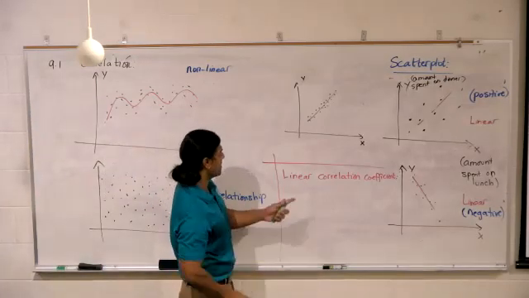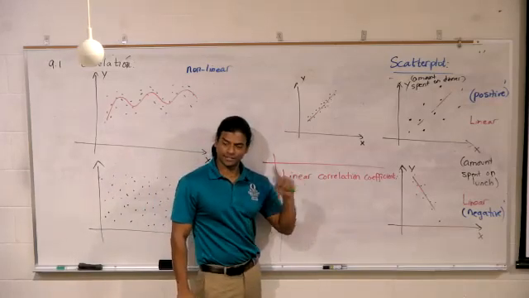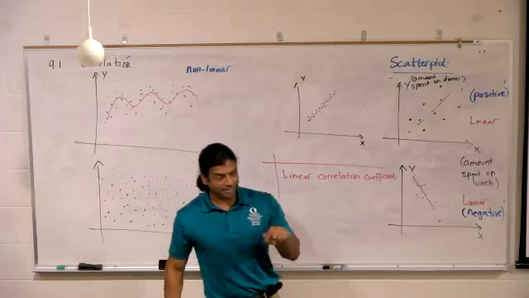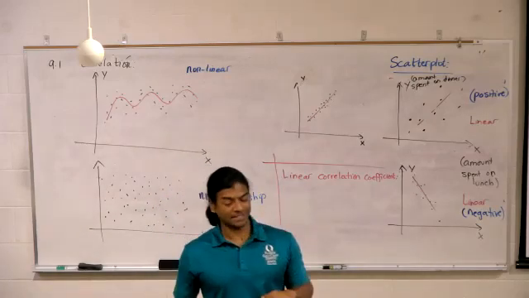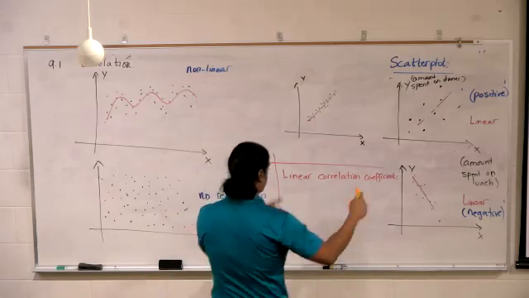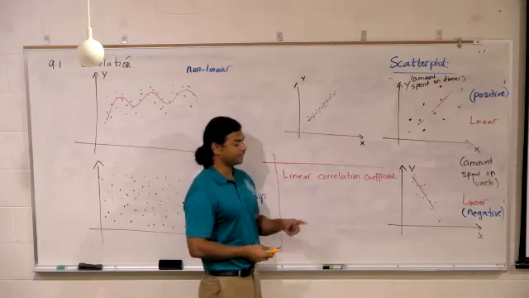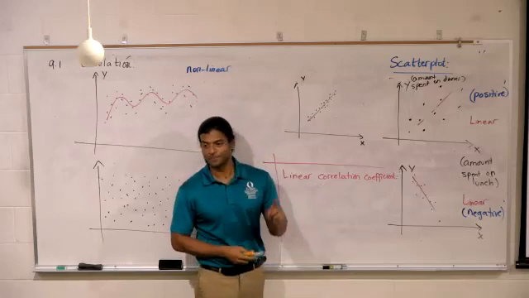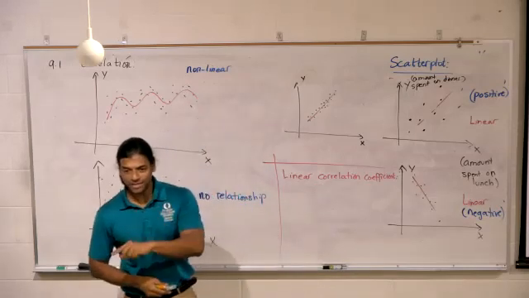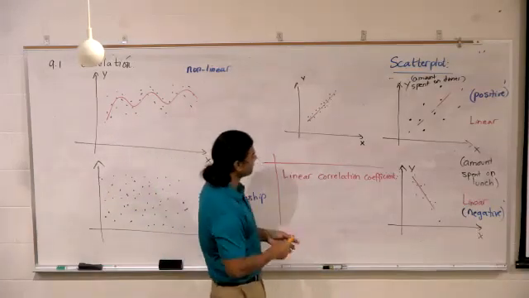To get that numerical value, we use something called a linear correlation coefficient. If you look in the textbook, there is a really huge formula which you have to use to find the value of the linear correlation coefficient. But what are we going to do? Use the calculator. I'll show you how.